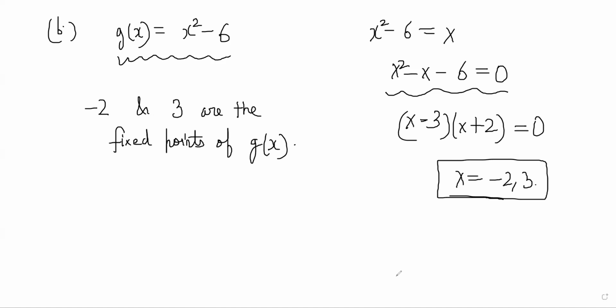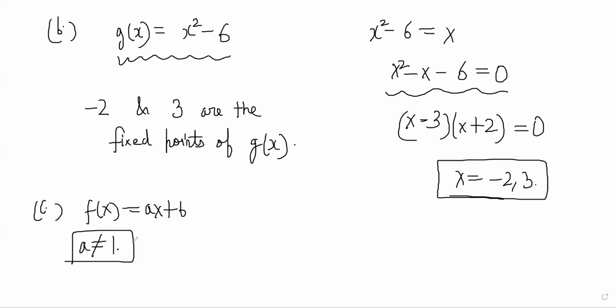Similarly, part C, a and b are constants and a is not equal to 1. Find the fixed points of f of x. So ax plus b would be equal to x.